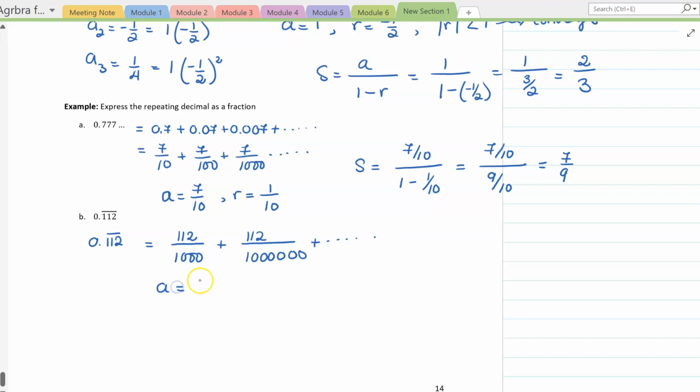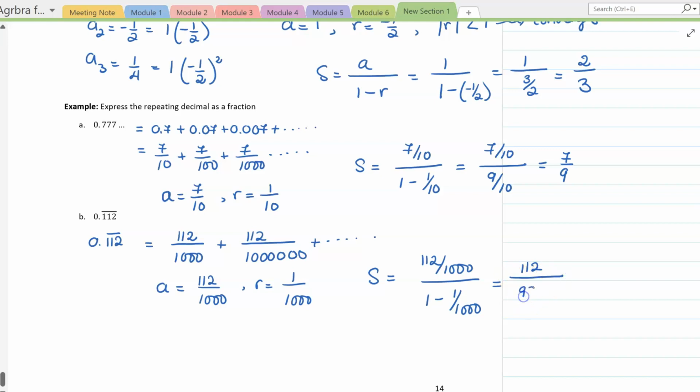So here a is equal to 112 divided by 1000 and r equals 1 divided by 1000. Okay, so s is equal to 112 divided by 1000 divided by 1 minus 1 over 1000. And this is the fraction.